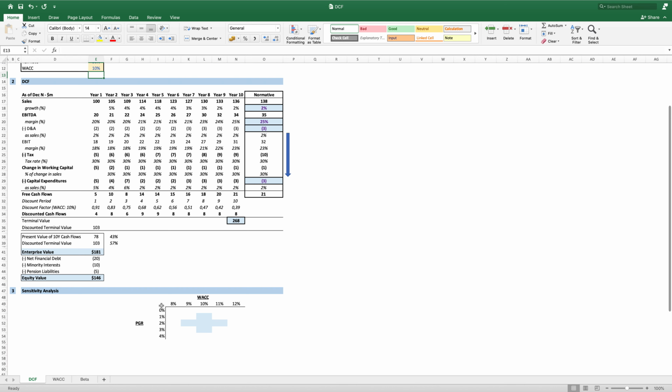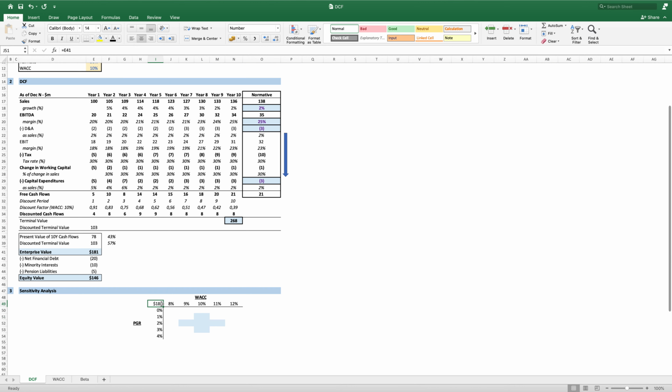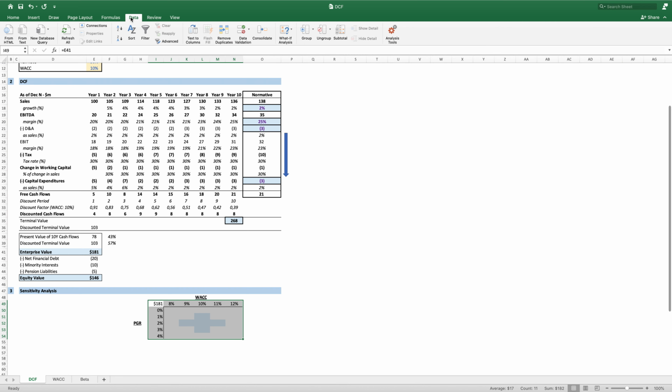In order to build this sensitivity analysis, the first thing you do is link this cell at the corner of your table to the EV. I just put it in blank in order to hide it, but I could put it in dark here so you can see it. Once you have done that, you select the table, you go to Data, What-If Analysis, Data Table.